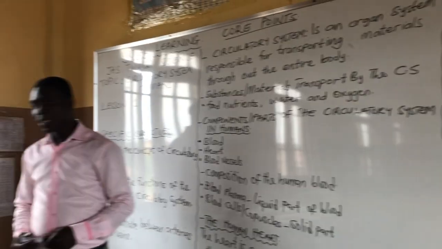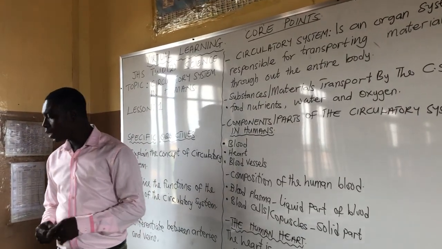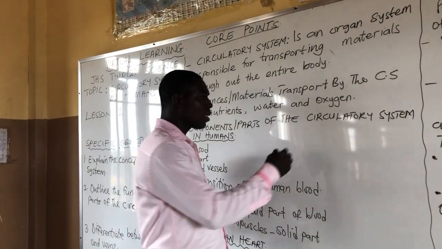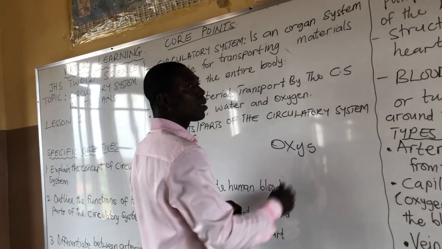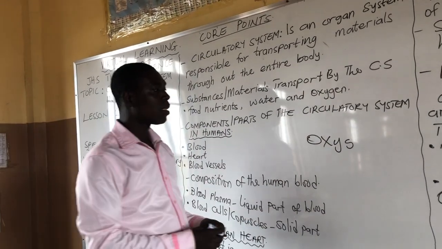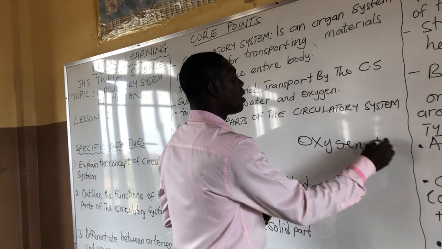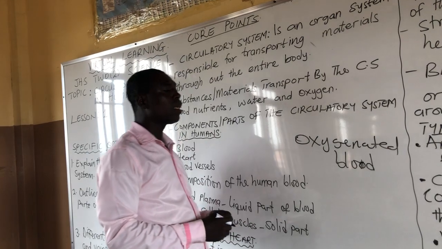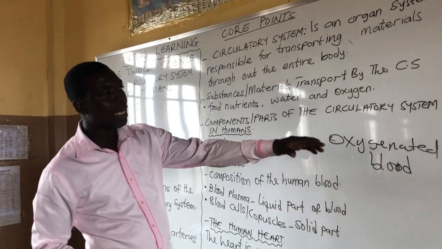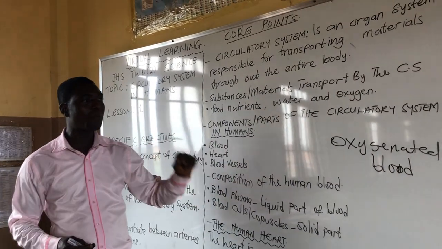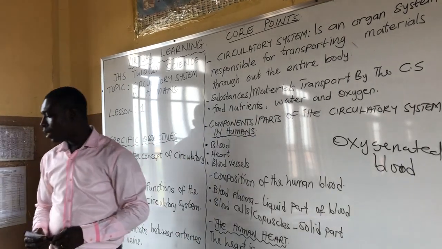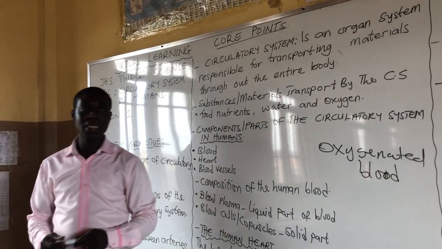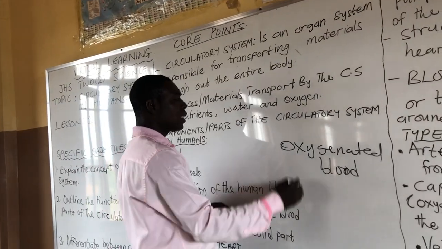Let's look at another difference here. You can see that the arteries carry oxygenated blood. Oxygenated blood is blood that is composed of oxygen, blood that is made up of oxygen or air. So you can see that the arteries transport oxygenated blood, whilst the veins carry deoxygenated blood.